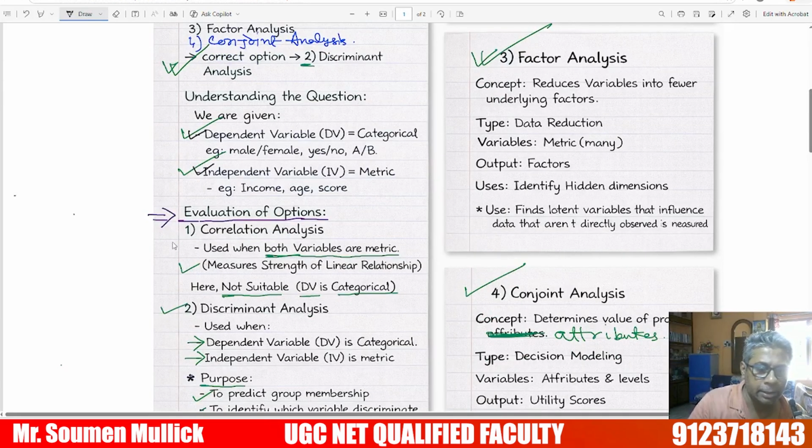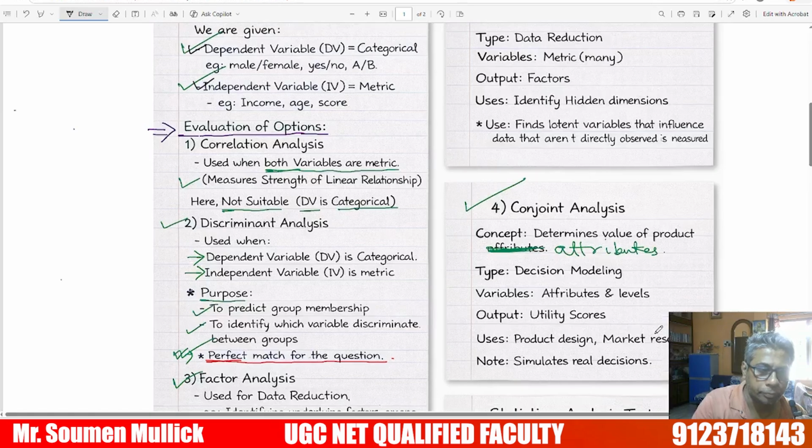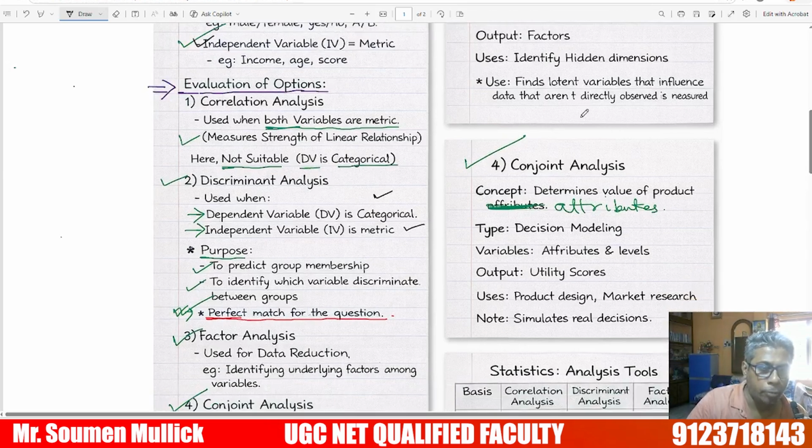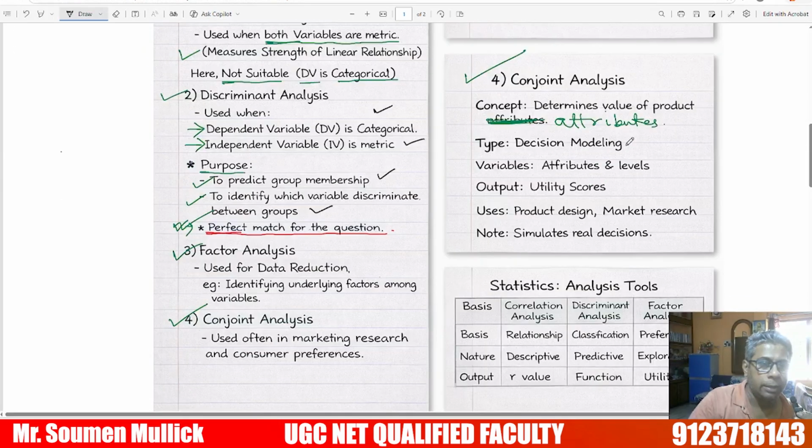In the case of discriminant analysis, we use a categorical dependent variable and metric independent variables. The purpose of discriminant analysis is to predict group membership and to identify which variables discriminate between groups. That's why this is the perfect match for the question.